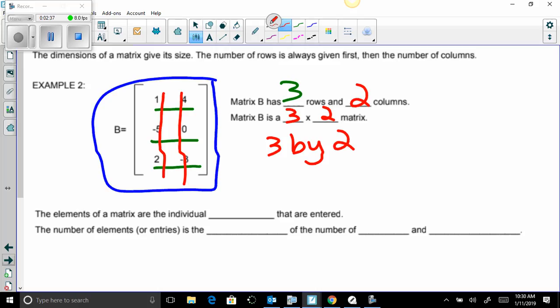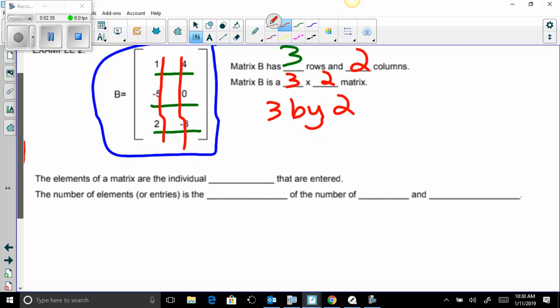The elements of the matrix are the individual values that are entered into your matrix. The number of elements or entries is the product of the number of rows and columns.